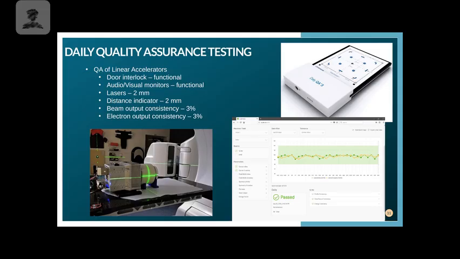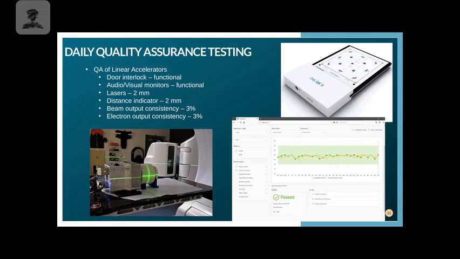So you have to get that fixed. Your audio visual monitors, so how you see the patient and you hear them, they have to be functional. You can operate with only one working, but if both go down, you're not allowed to treat patients. So you need to get the second one fixed very quickly, but you at least have to have one in order to treat patients that day.